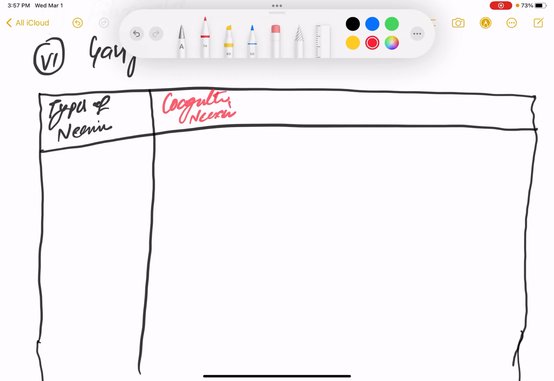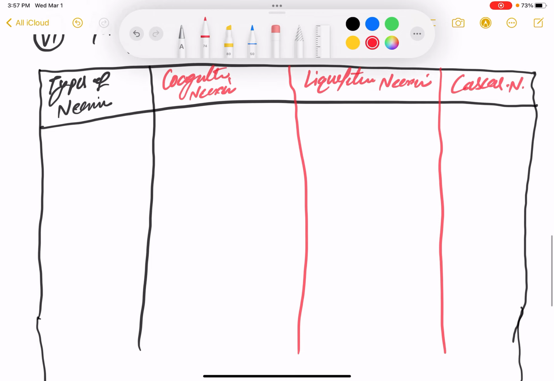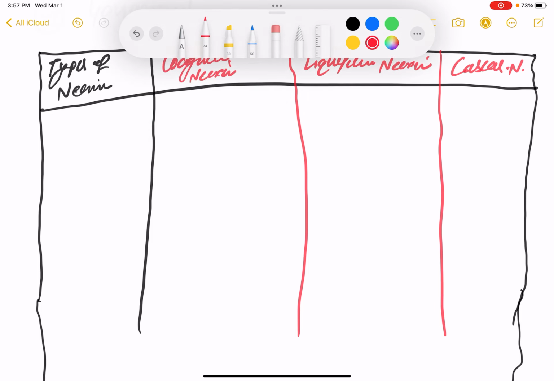Then the second is liquefactive necrosis. Then here is caseous necrosis. In types, we will write notes.